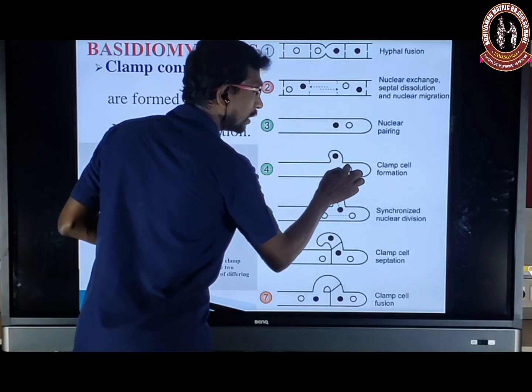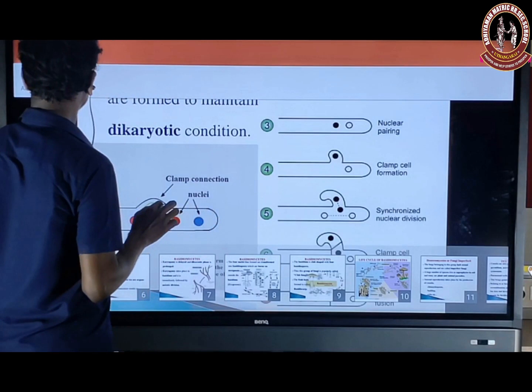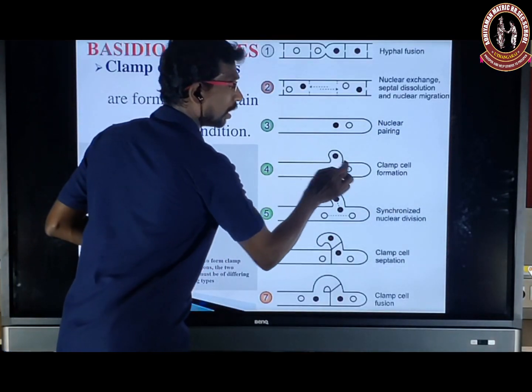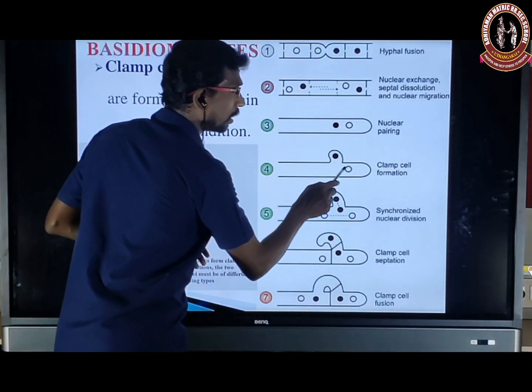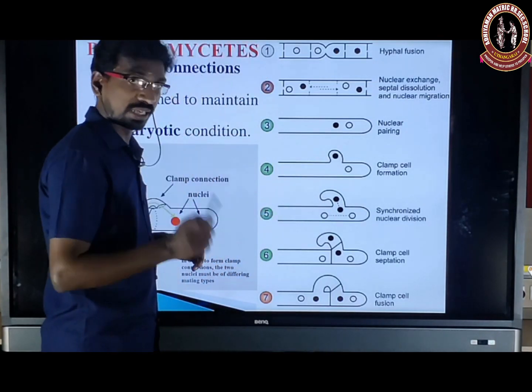You can imagine this is a black, this is a white. The two opposite nuclei are present, and each undergoes mitotic division.